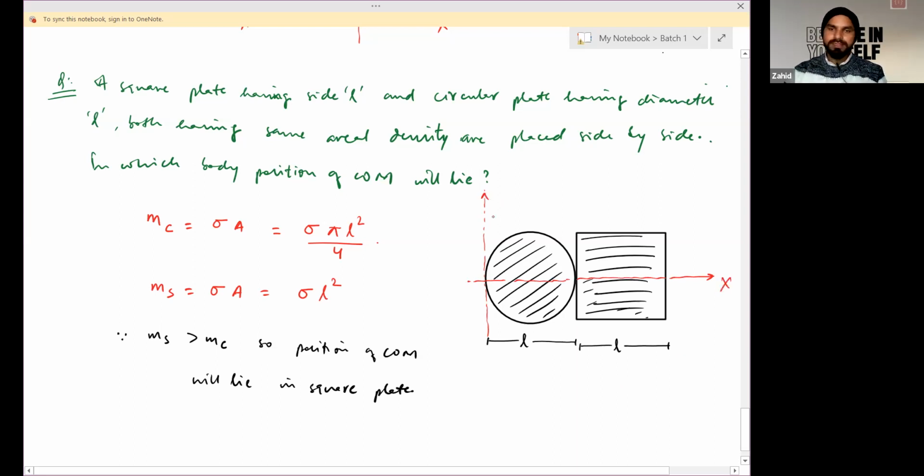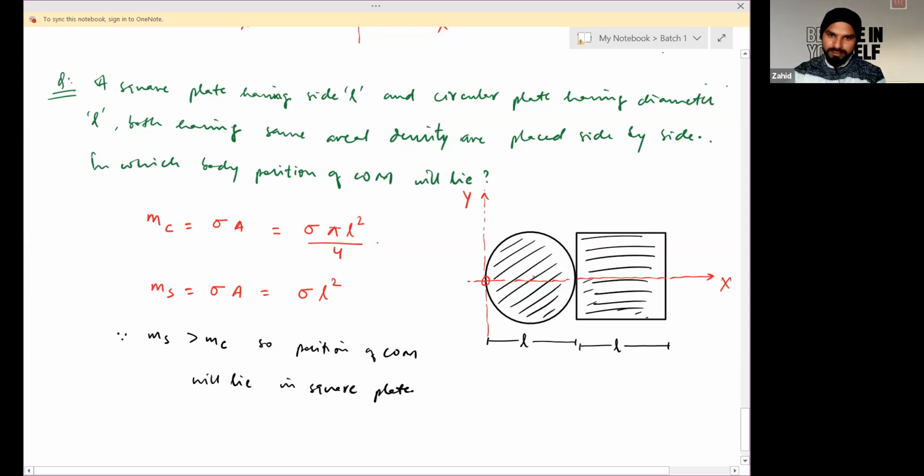Now, this is the x-axis, this is the y-axis, and I have taken this point to be the origin. So with respect to this origin, we may define the position of the center of mass of each individual body. As we know, a circle is a symmetrical body, and for all symmetrical bodies, the center of mass will lie at its midpoint.